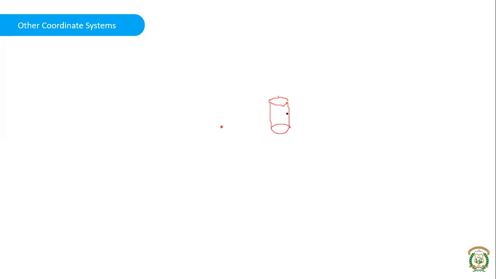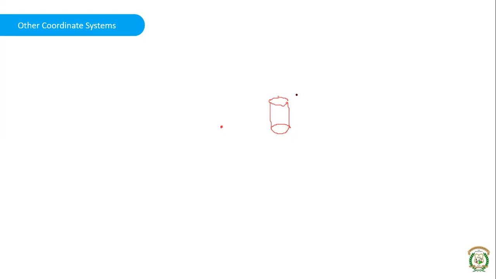If the radius of that circle is 0, you get a line. So for this case, we consider cylindrical coordinates. There are different kinds, like circular cylindrical, elliptic cylindrical, and parabolic cylindrical coordinates, but we are considering only circular cylindrical coordinates, where the base of the cylinder is a circle.